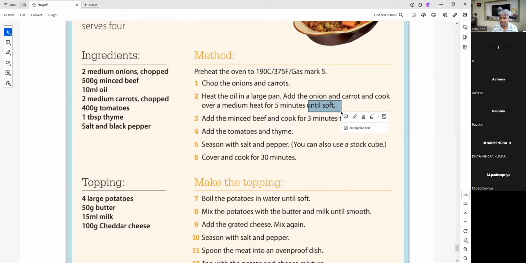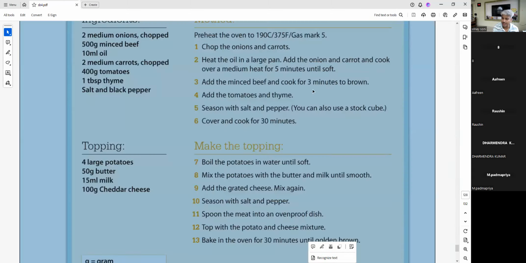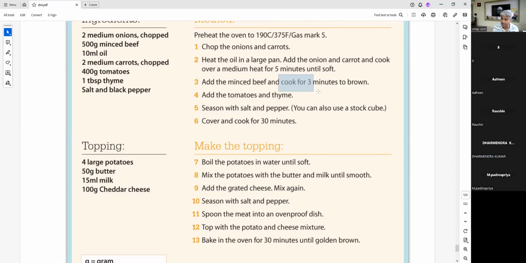Add the minced beef. After onion and carrot become soft, add the minced beef and cook for 3 minutes to brown. To brown means until the beef becomes brown. Add the tomatoes and thyme. What does thyme mean, sir?